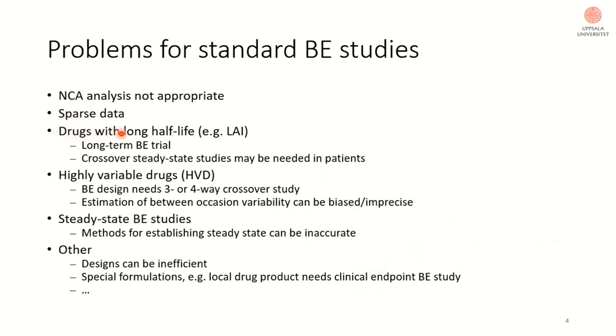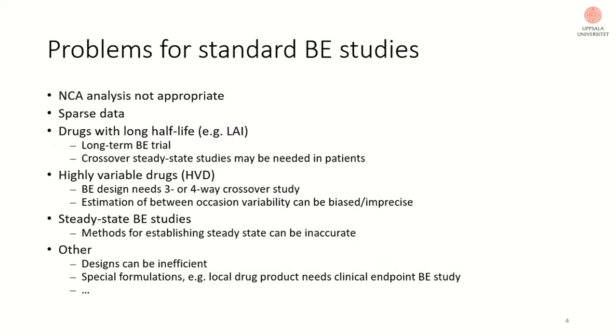You might see drugs with long half-life, and maybe you're not able to evaluate the drug at the end of the PK profile to get an understanding of the last phase of the PK profile. If you have highly variable drugs, then computing this summary statistic and then trying to evaluate the variability of that summary statistic is an approach that may have more problems than looking at the data itself and modeling the data and trying to understand the variability there.